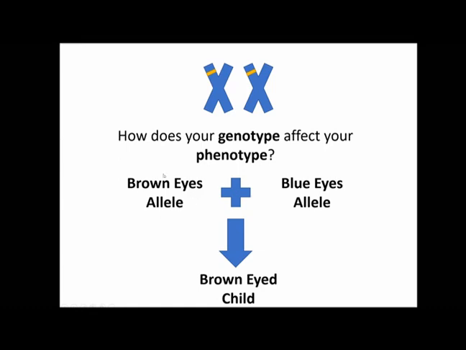So we see the phenotype of brown eyes, the physical quality of brown eyes, even though our genotype, the genes that we're looking at, are one brown and one blue. The observed outcome is going to be brown only.